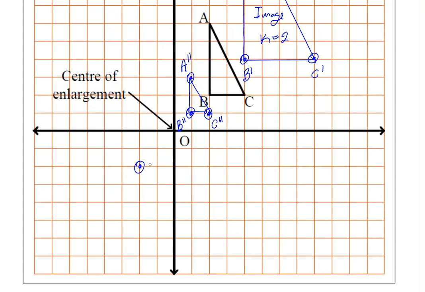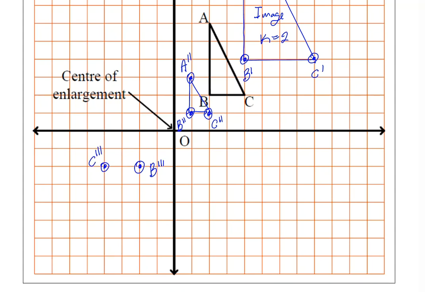This would be B triple prime. From the center to C, it's 4 right, 2 up. So it's going to be 4 left, 1, 2, 3, 4, 2 down. That would bring me here, and this would be C triple prime.